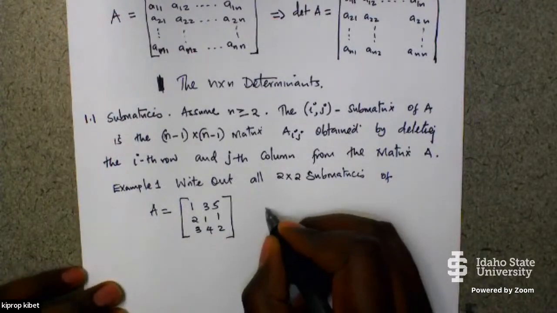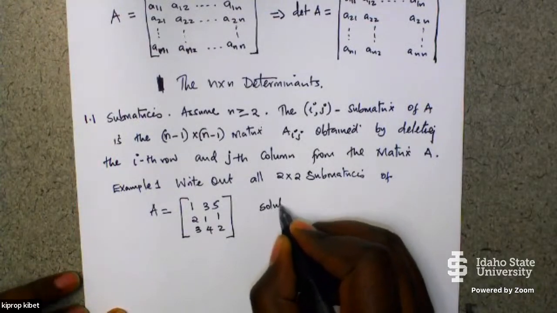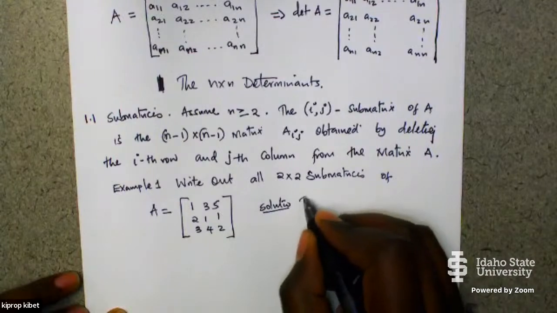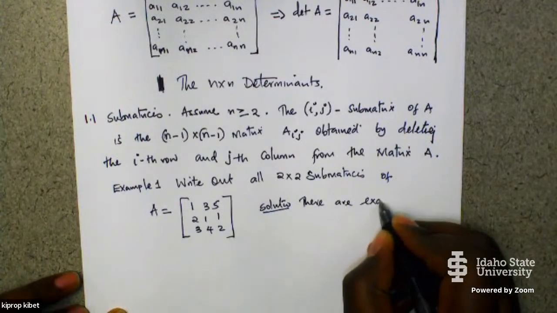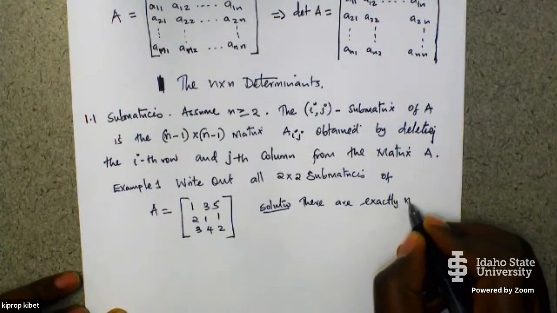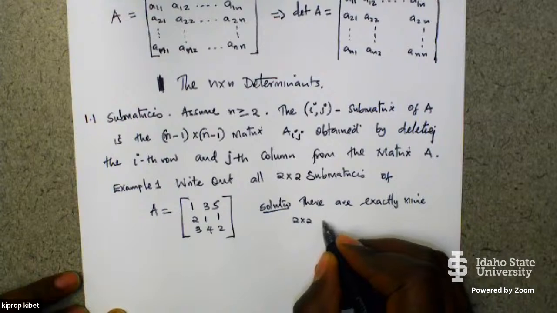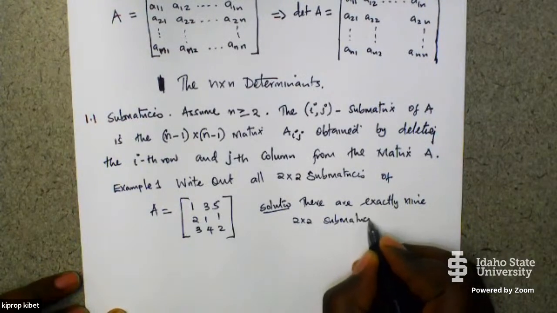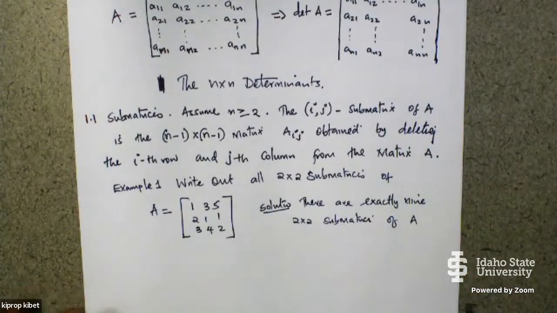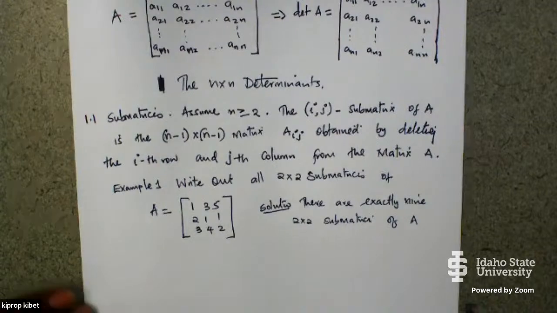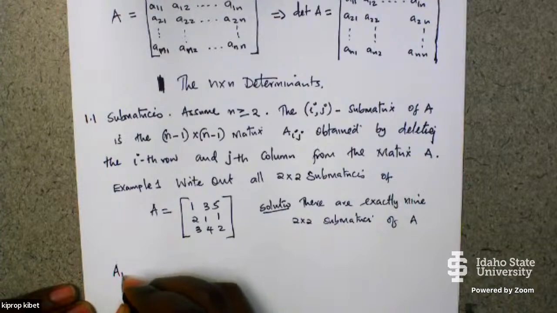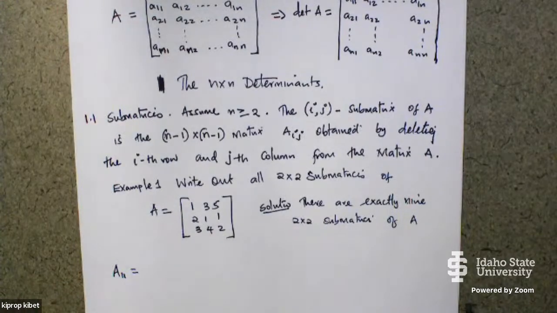So the solution. There are exactly 9 2 by 2 submatrices of A. To get the first one, A11 is found by deleting the first row and the first column.